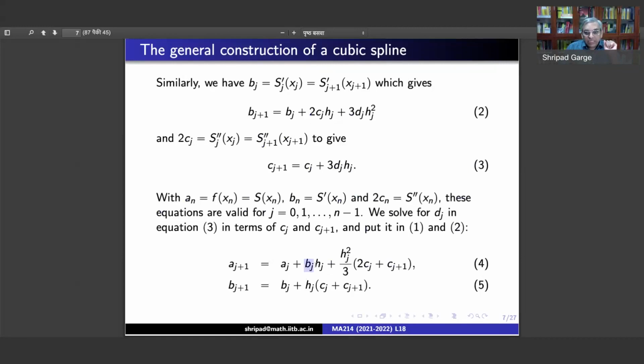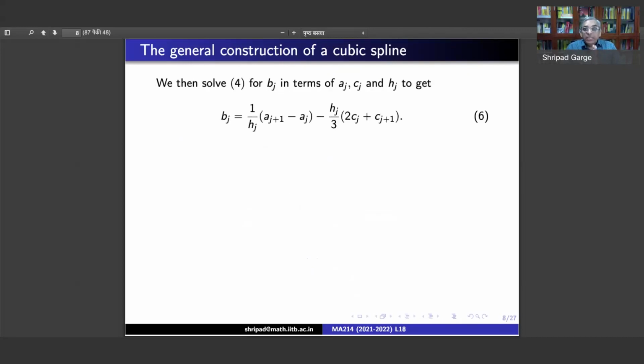So then we will solve for c_j, b_j. So here we have b_j. We solve this equation, write the value for b_j in terms of the remaining constants, which are a_j's, c_j's and h_j's. Okay, and we'll put that value back in number 5. So this is the equation that we get for b_j, which is 1 upon h_j, the difference of a's, minus h_j by 3, 2c_j plus c_{j+1}.